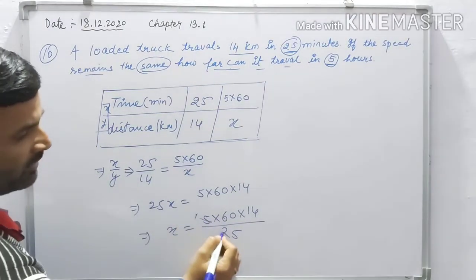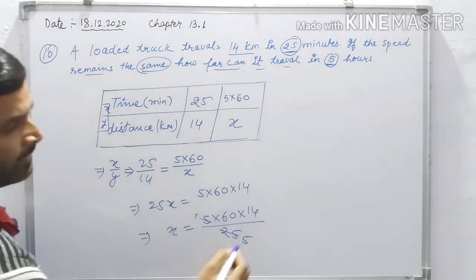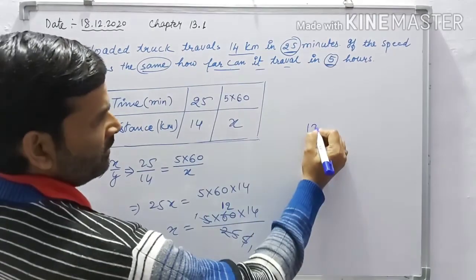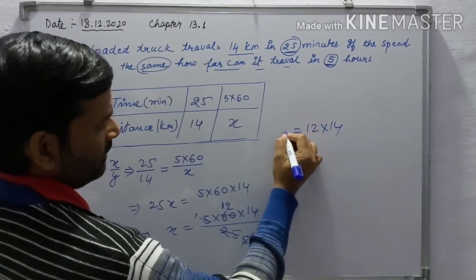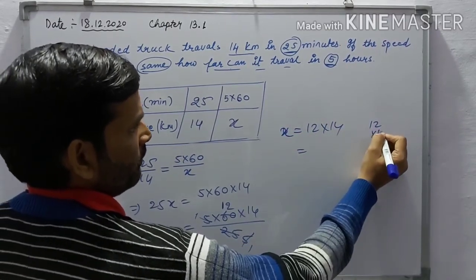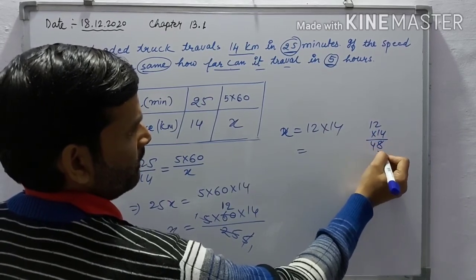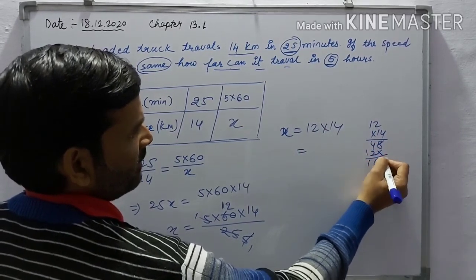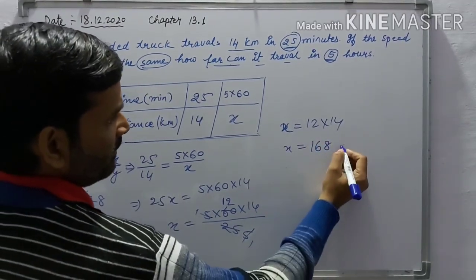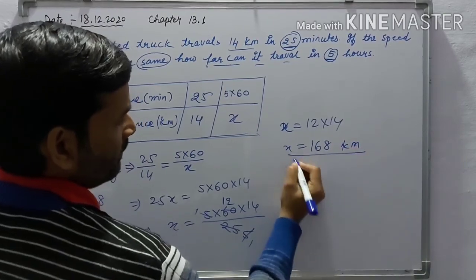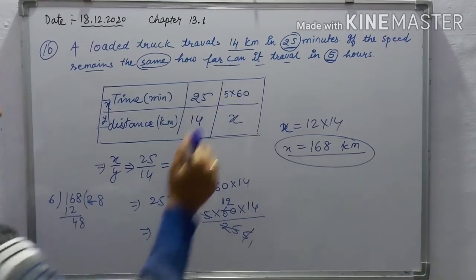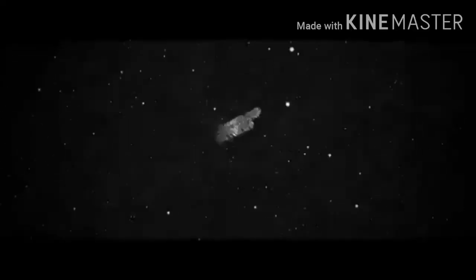Okay, cancelling, it means 12 into 14 is the value of x. 12 into 14 is 168. So x is equal to 168 kilometer. Okay, this is the distance they cover in 5 hours.